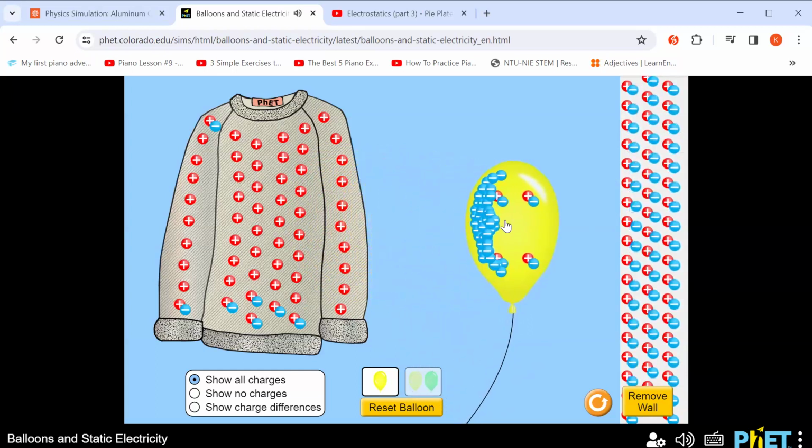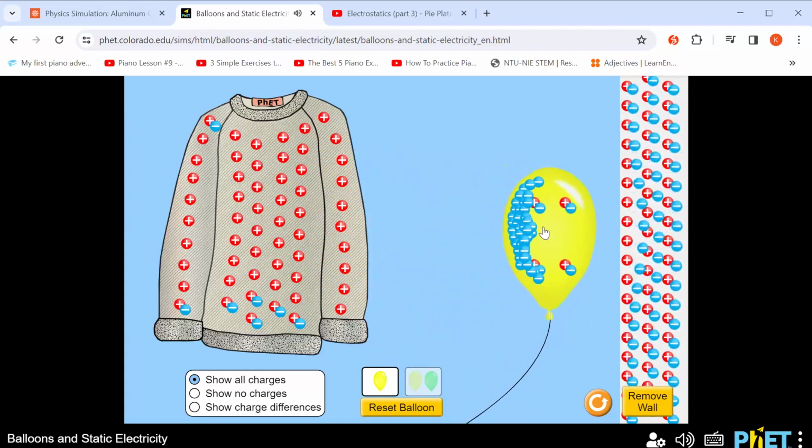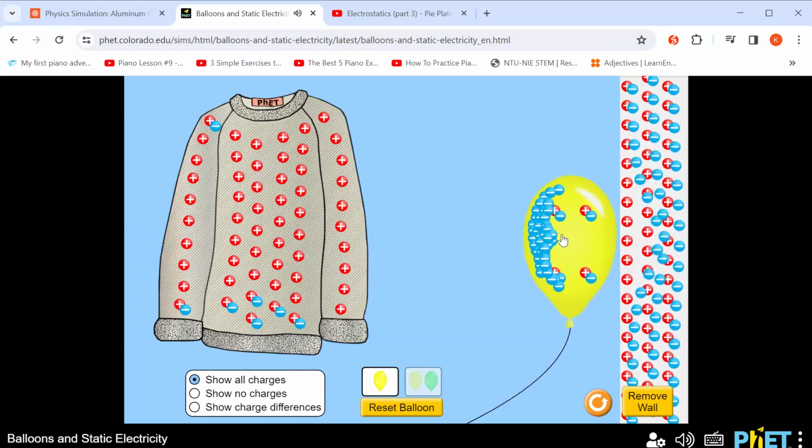Can you see that the electrons shifted slightly, but they can't move out of the wall. So I leave the side closer to the balloon with a positive charge, so it gets attracted. The balloon will also get attracted to a neutral wall. So the balloon is now charged, and a charged object will attract a neutral object as well.